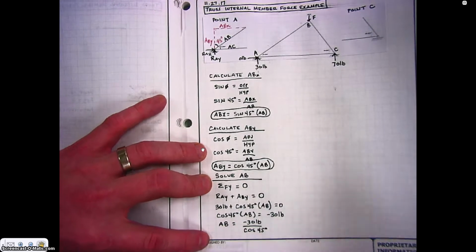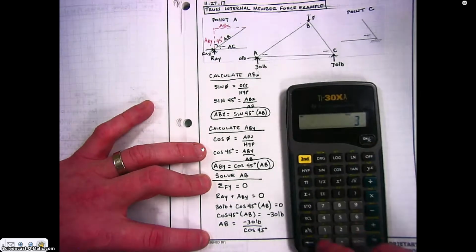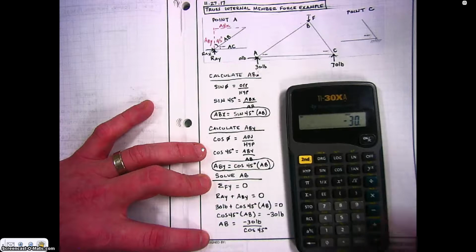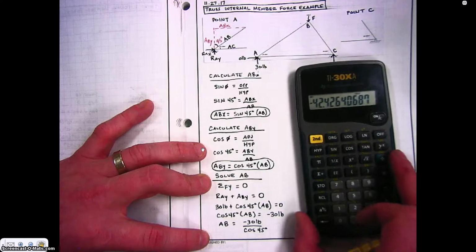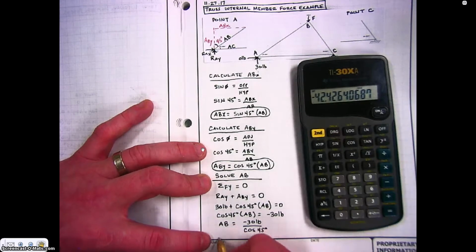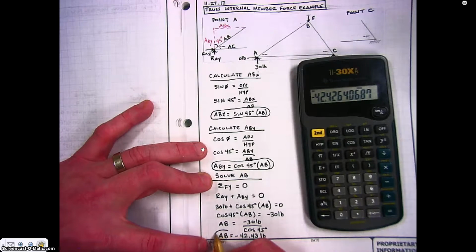All I have to do then is calculate. So I will take 30 negative divided by 45 cosine, and I get negative 42.43 pounds. AB is equal to negative 42.43 pounds. And I'll go ahead and circle that.